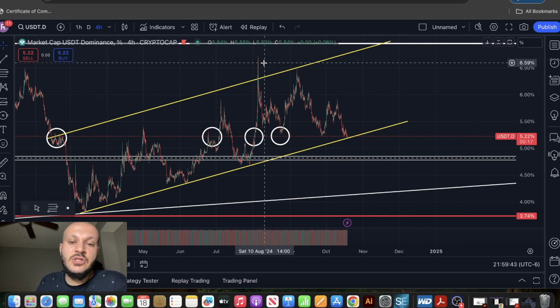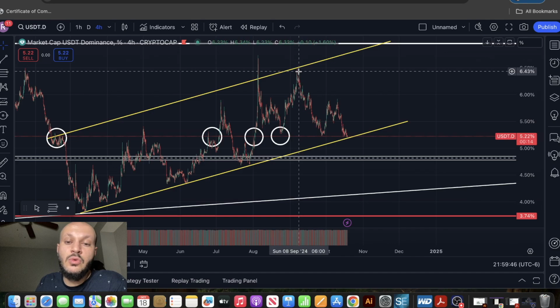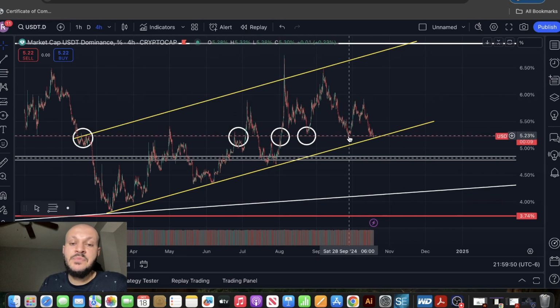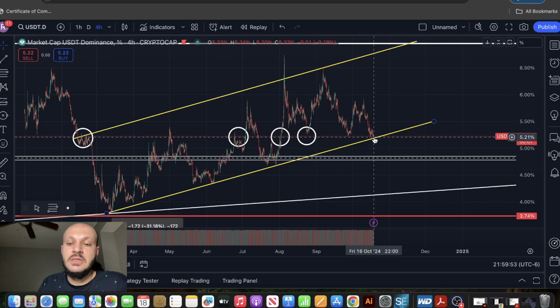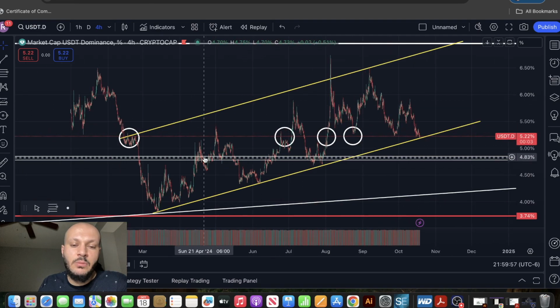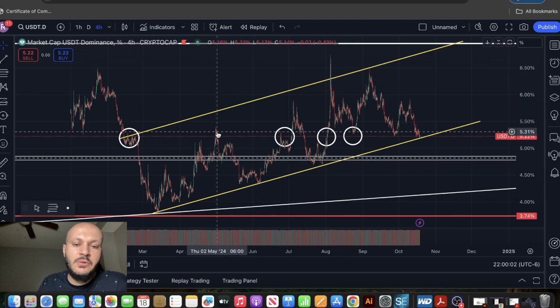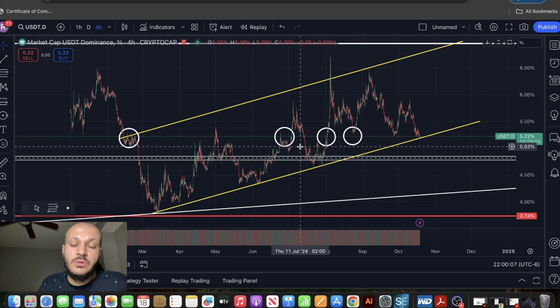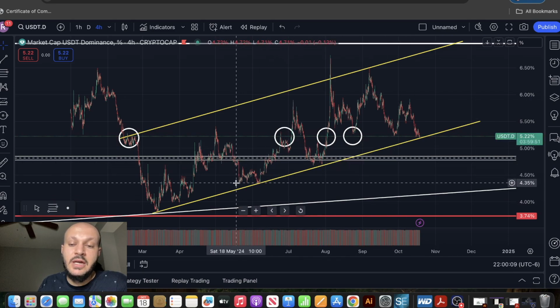If you guys pay attention to this top and then this lower top, and an even lower top that we made here for USDT, there's a good possibility that we're going to break below this time. But we see almost the same thing. We had this top and then we made a higher high, a little bit of differences, but we made another lower high. We went a little bit lower, and then we got more support from the bottom where this line is, okay?